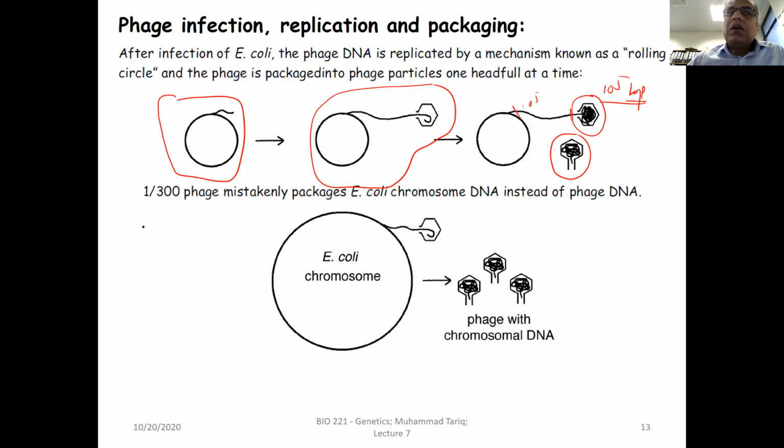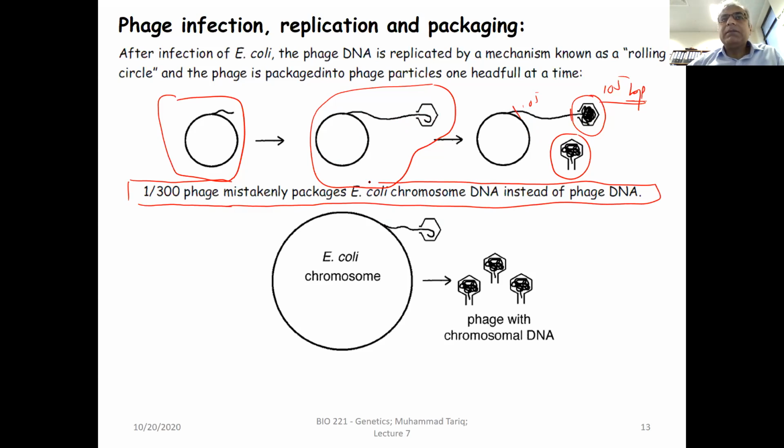Now, there are errors sometimes, and 1 in 300 phages, by mistake, can package the E. coli chromosome. Normally, it does not happen. 1 in 300 phages can by mistake package, instead of their own genome, the chromosomal DNA of E. coli.